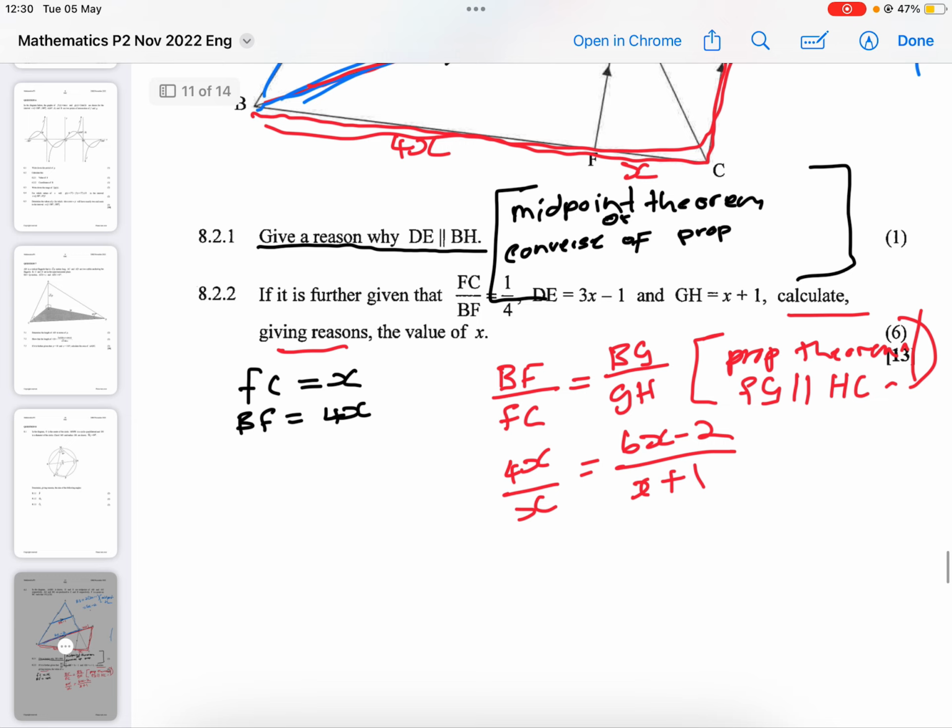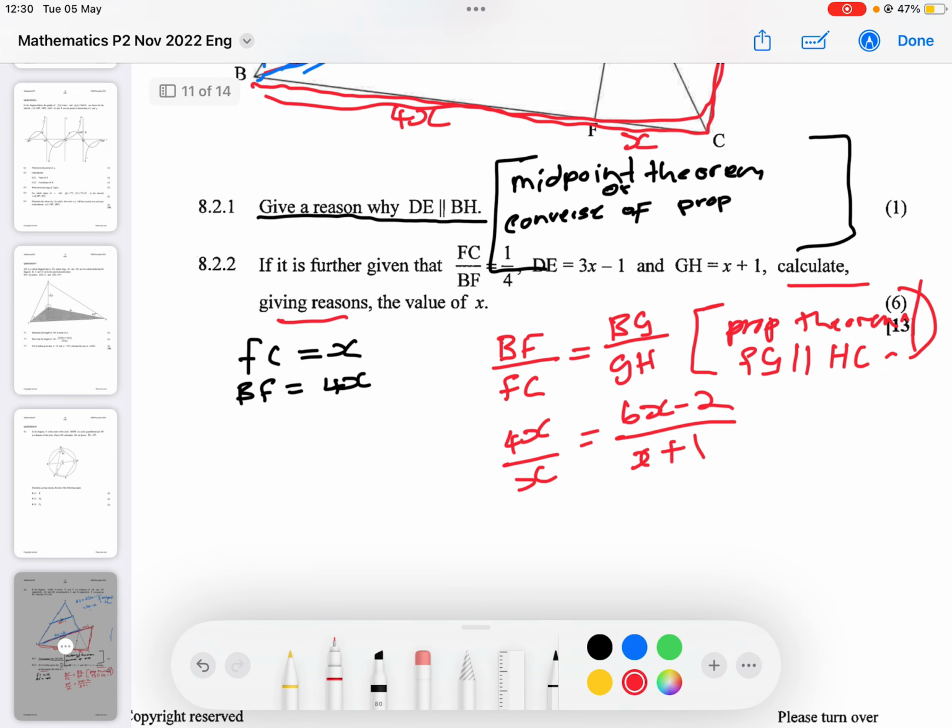Now, what can I do so far here? I can cross multiply. So I'm going to say 4x times x is 4x squared. 4x times 1 is positive 4x.